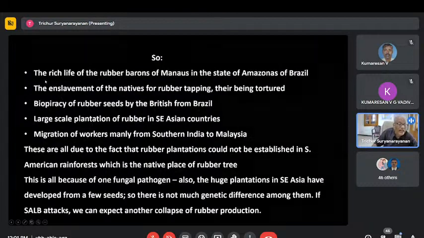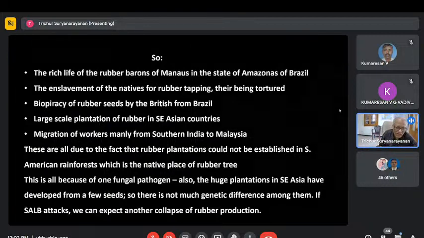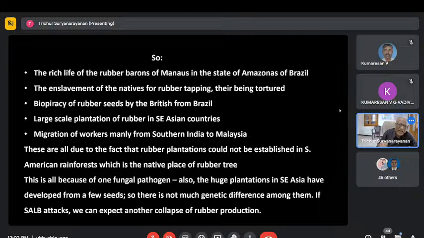So quickly, the summary. The rich life of rubber barons in Manaus, in the state of Amazonas of Brazil. The enslavement of the natives by rubber tapping. They were being tortured. Biopiracy of rubber seeds by the British from Brazil.